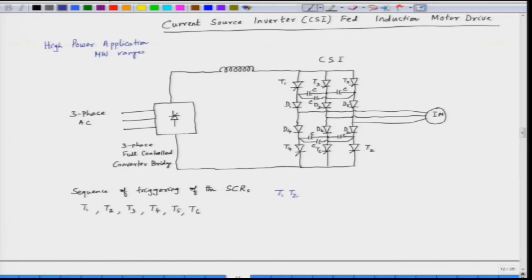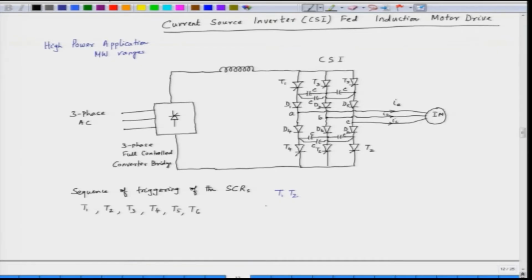If T1 and T2 are conducting, this is phase A, this is phase B and this is phase C. These are the phase currents IA, IB and IC.